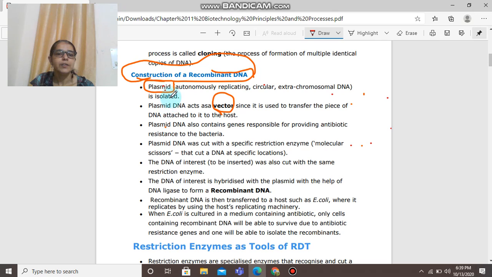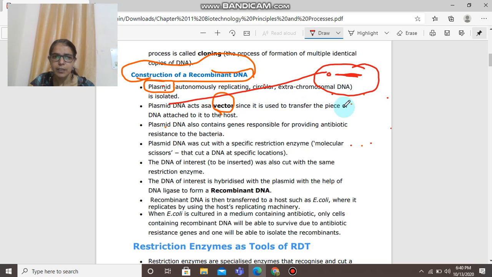Firstly you should be clear what is the meaning of plasmid. All of you know that if I am drawing this as the bacterial cell, this bacterial cell has the major chromosomal DNA and it also has small extra nuclear rings. These extra nuclear rings are known as plasmid, means this is the plasmid DNA. Now what is the definition of the plasmid? These are the autonomously replicating circular extra chromosomal DNA.